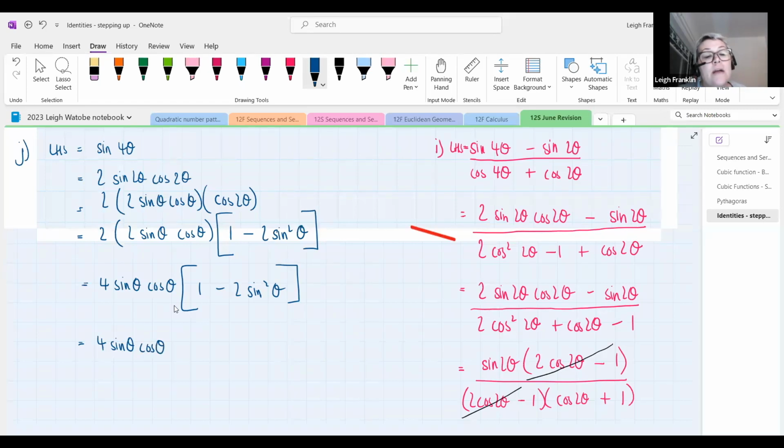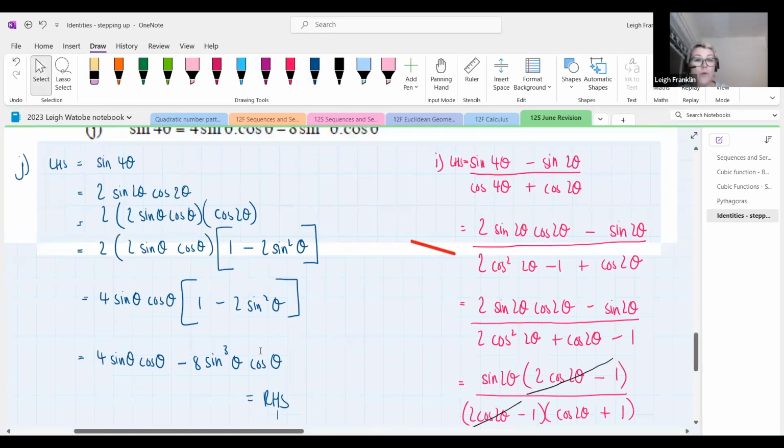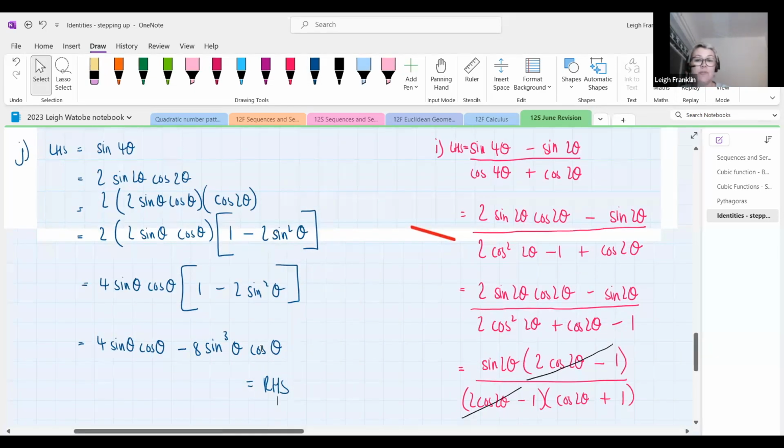And the factor on the outside multiplied by the second term, so that's where the 4 times 2 would be 8. Sine theta times sine squared theta would give us the sine cubed theta. And then we would have the cos theta at the end. That's then equal to the right-hand side. So it's actually not as bad as you think. It looks dreadful when you first look at it, but it's really not that bad at all.